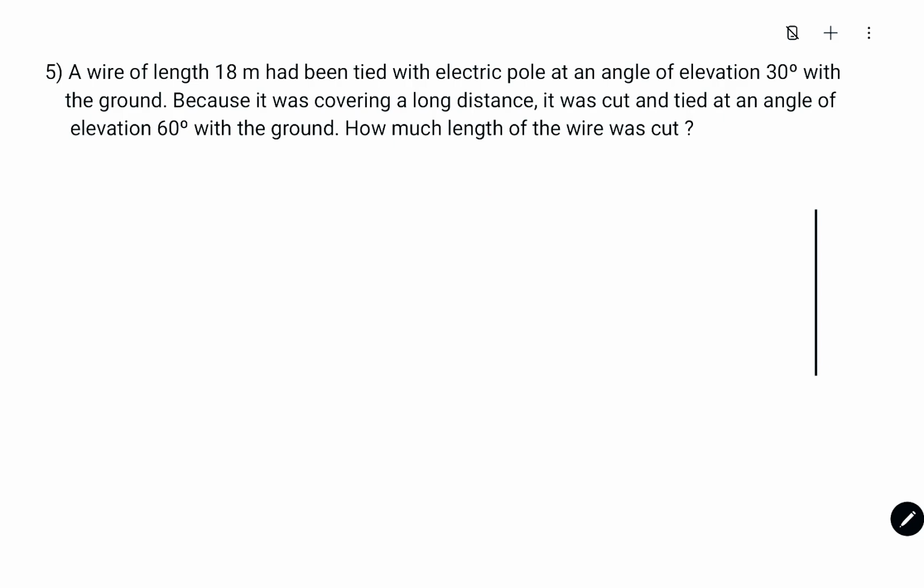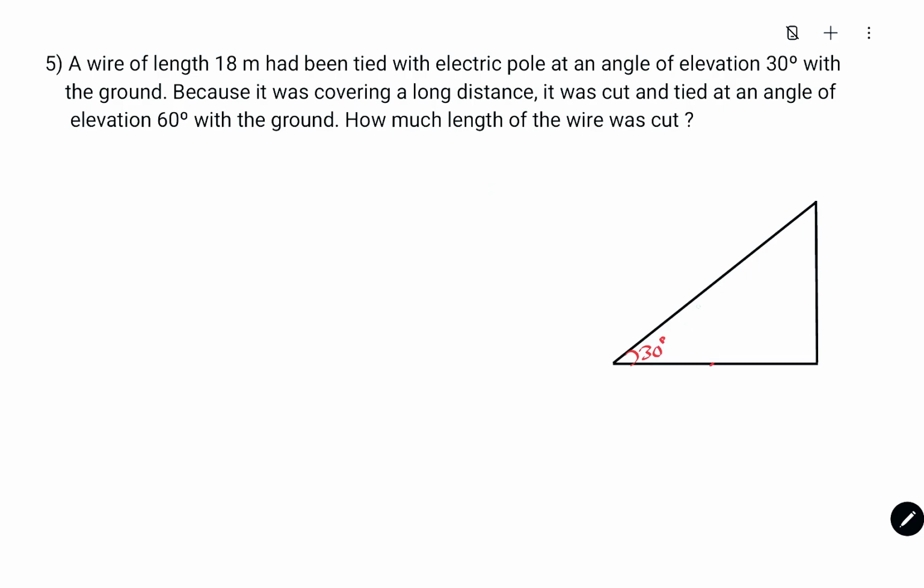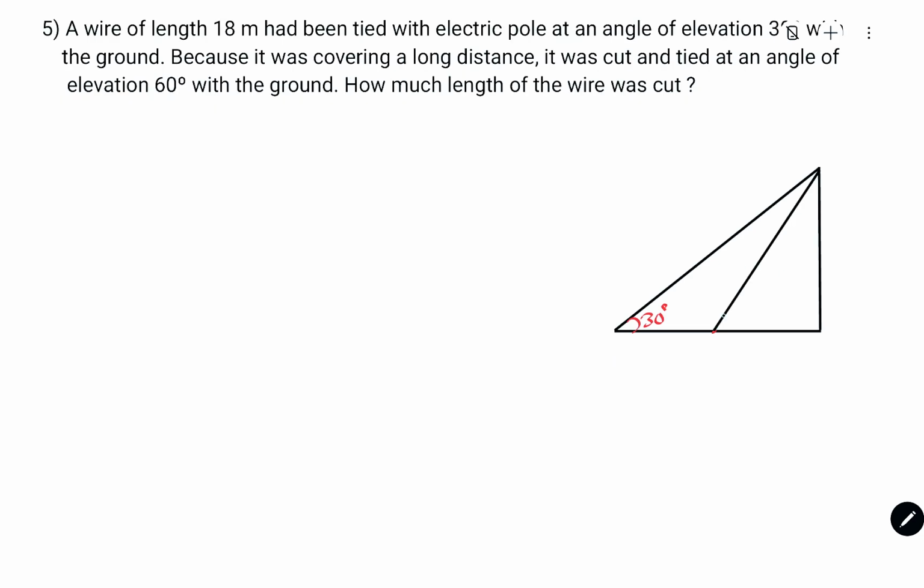This electric pole is tied with a rope at the angle of elevation 30 degrees. This rope is covering a long distance, so we cut some rope and tie it here. Now the angle of elevation to the top of the electric pole is 60 degrees.